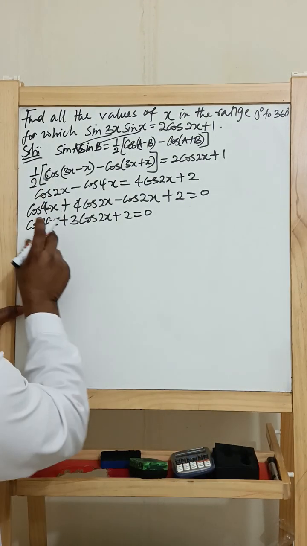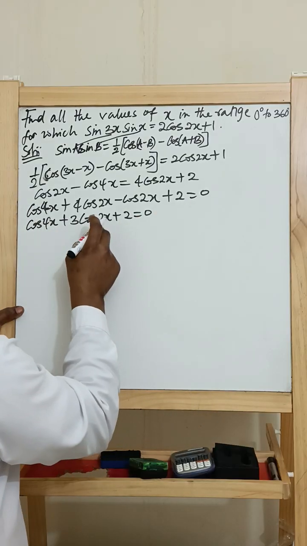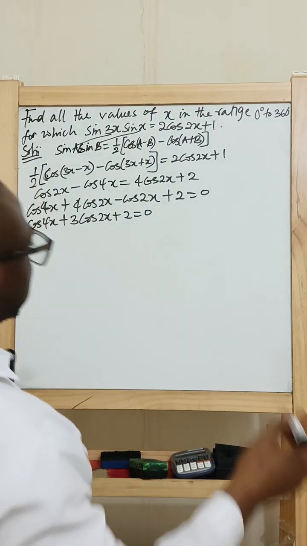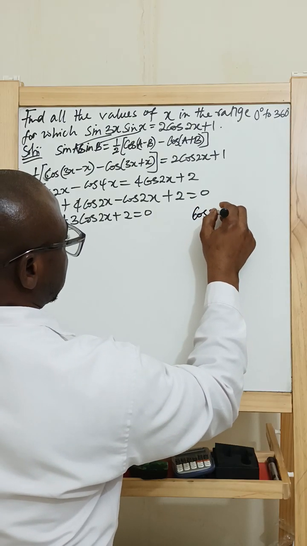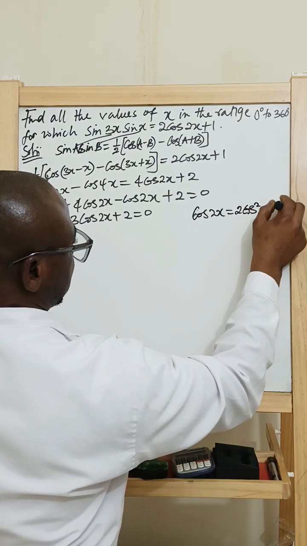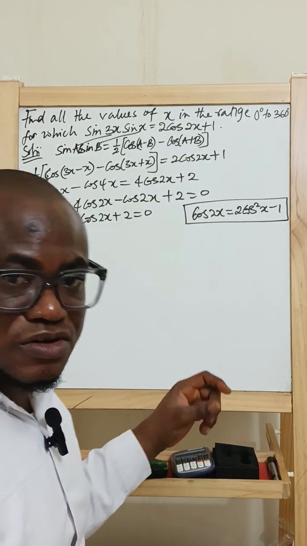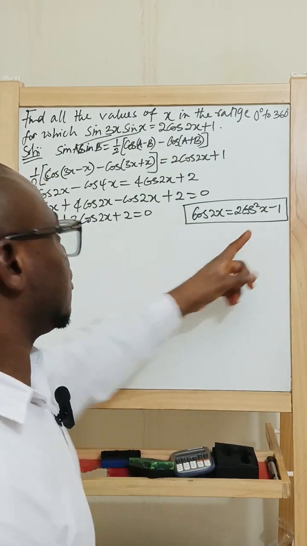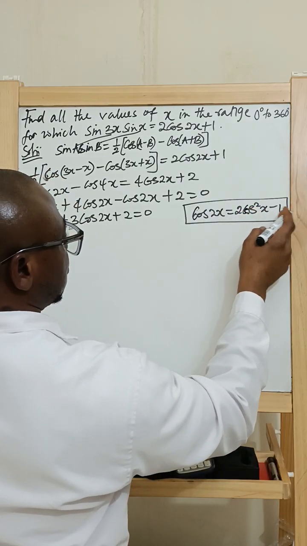So now, you see this 4x, we can convert it to an expression that has 2x in it using our identity. cos 2x equals 2 cos squared x minus 1. This is another identity that we derived in one of our videos down there, right? So this is now 2 cos squared x minus 1.